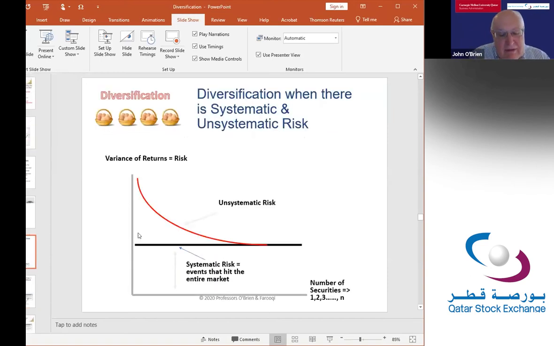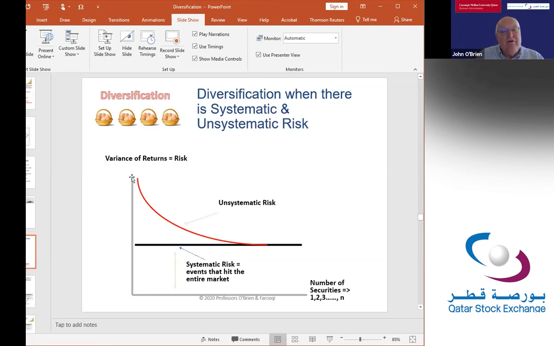So now the true picture for diversification looks as follows, and you'll understand it better by the picture. The previous one, I had only unsystematic risk and we could freely get rid of all risk. But this one now, we have both systematic and unsystematic risk.